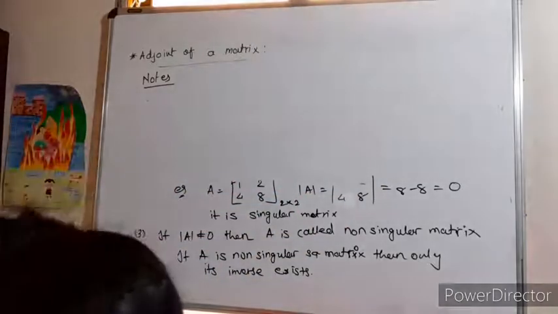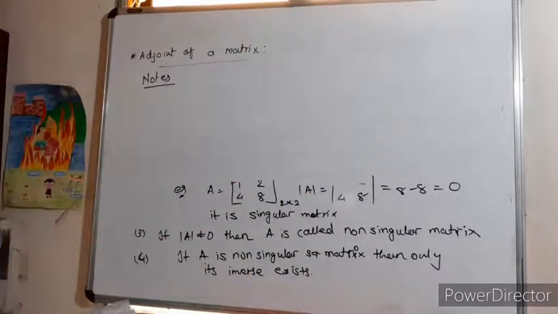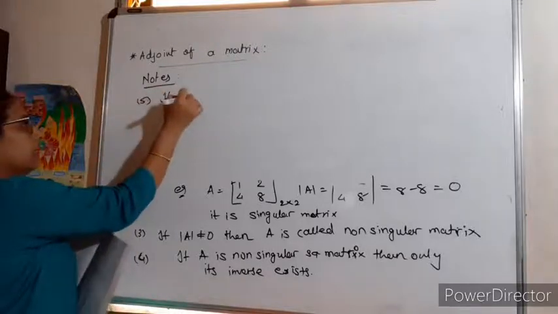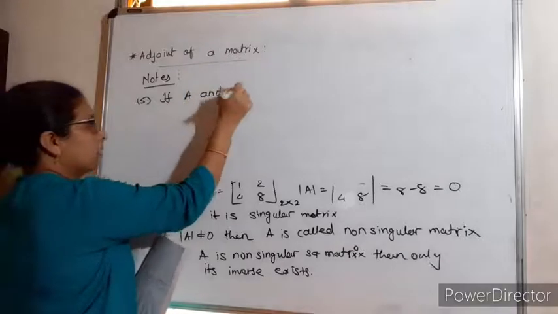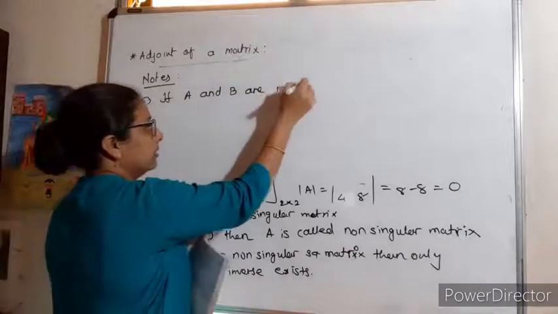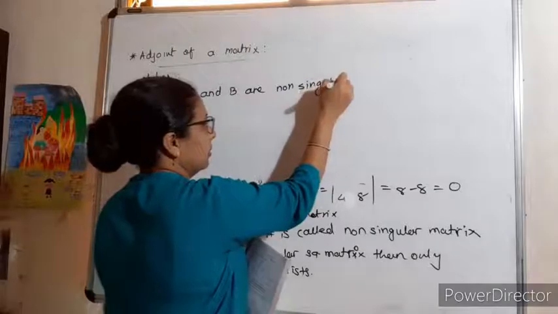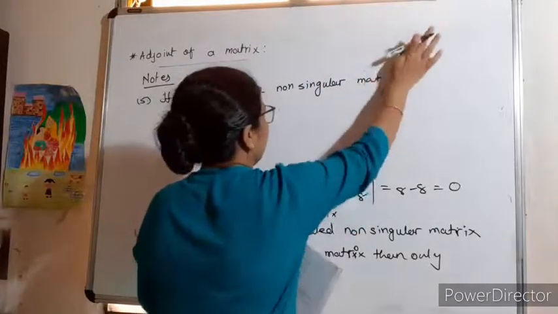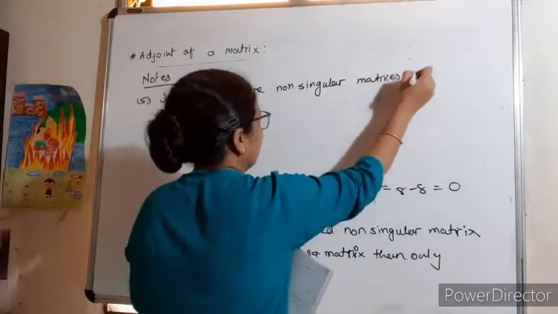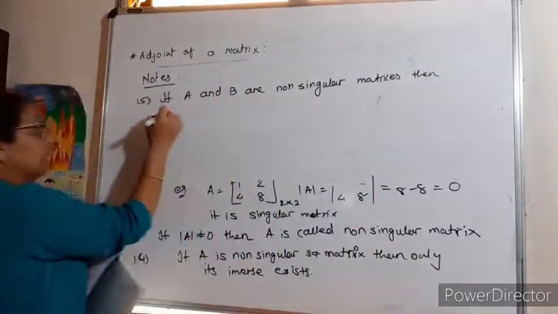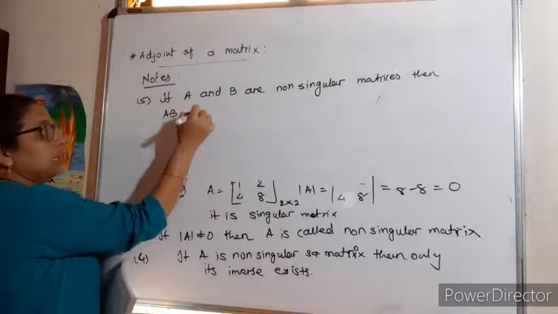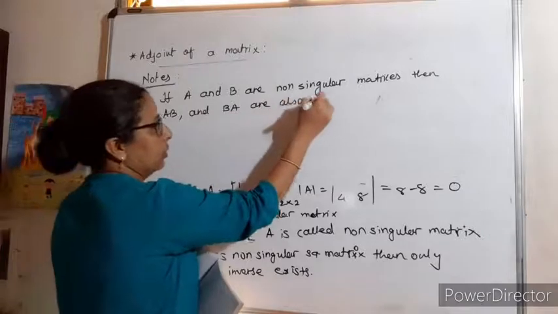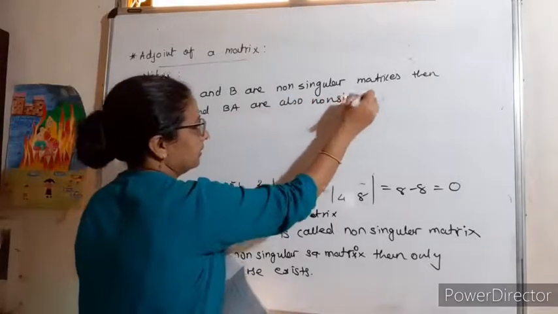Now, another thing is, if A and B are non-singular matrices, then if you multiply, AB or BA are also non-singular.